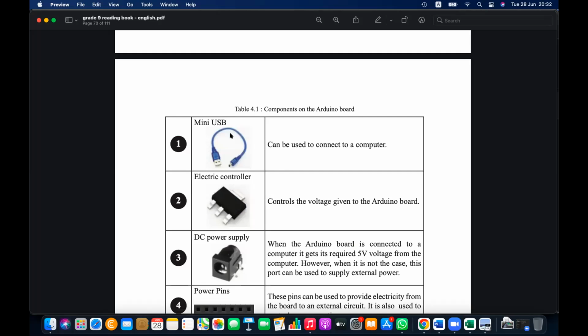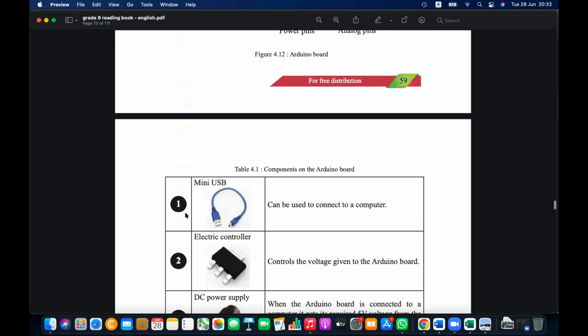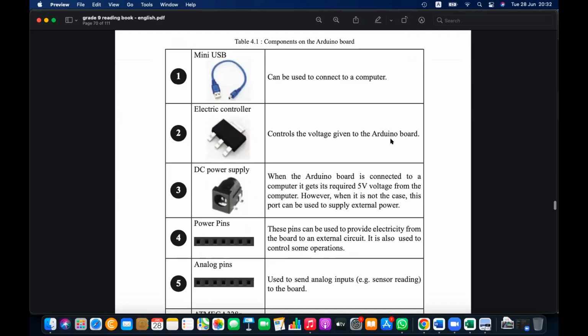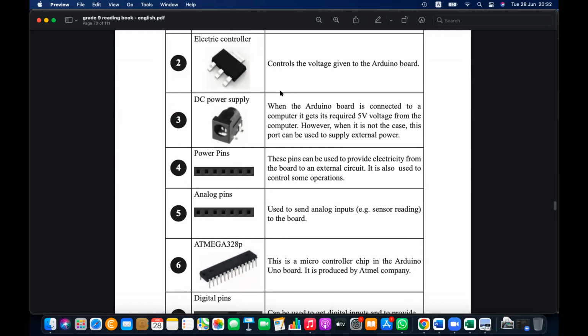So USB is used to provide power as well as data. The regulator is to control the input voltage level. The DC power supply can provide 5 volts, or even more voltage based on the regulator, but basically it will accept 5 volt and above.